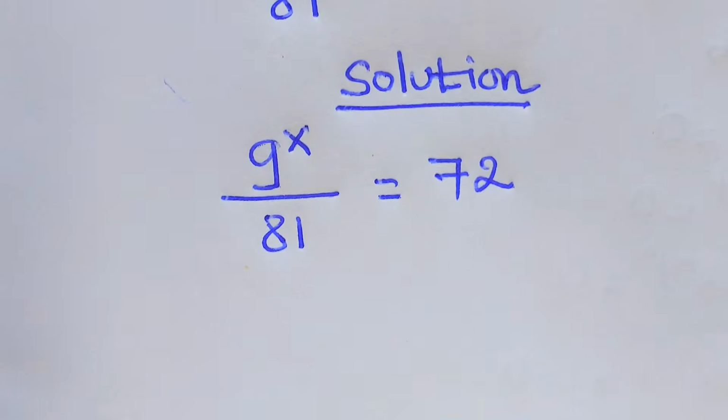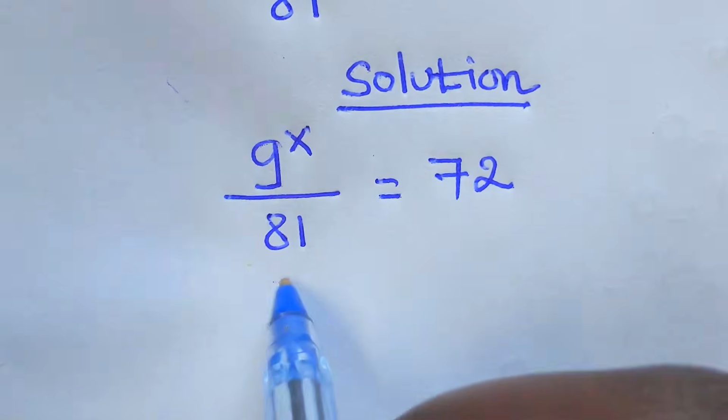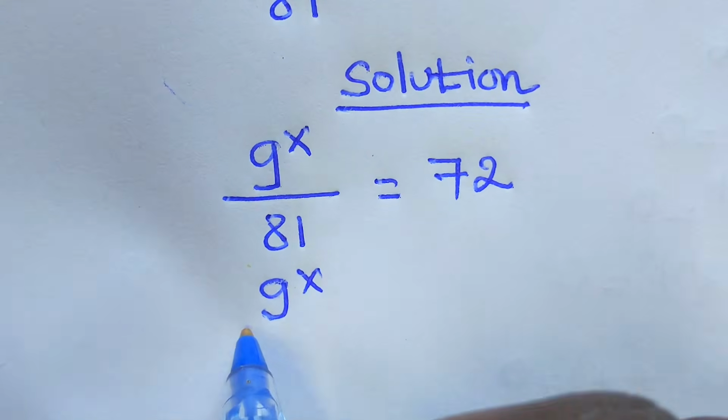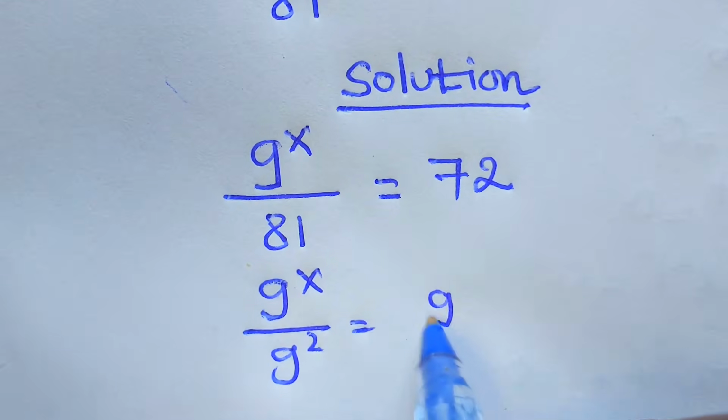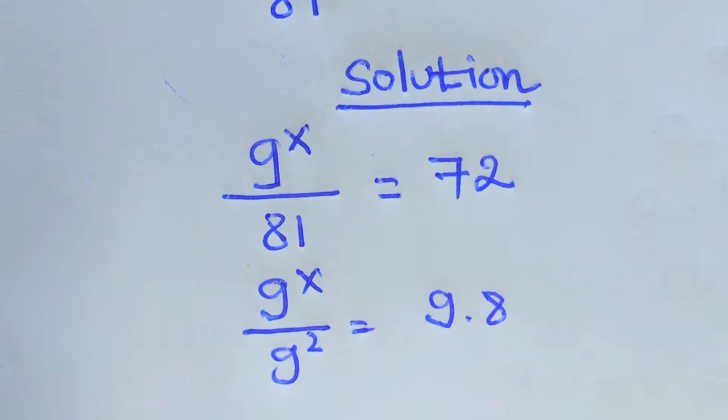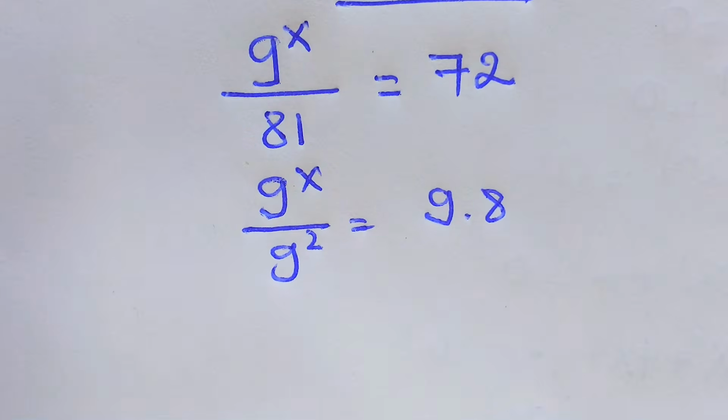And what do we have? We have 9 power x over 9 squared equals 9 times 8. Right.